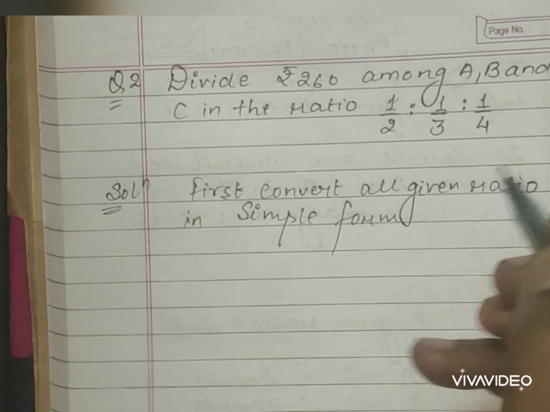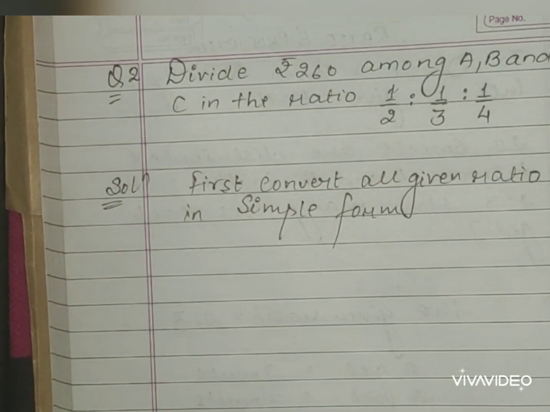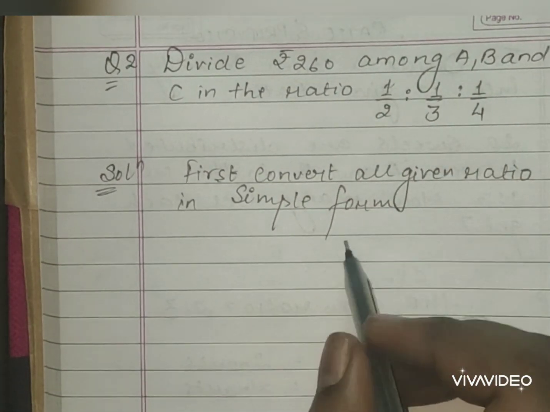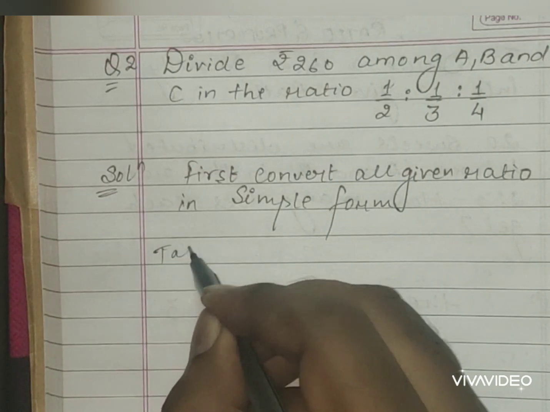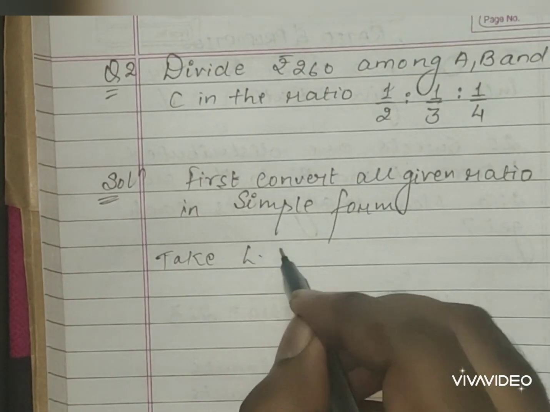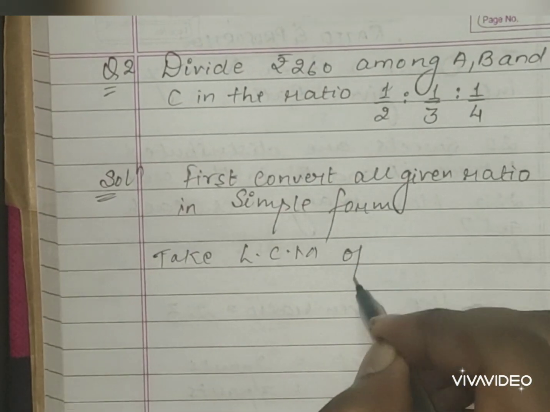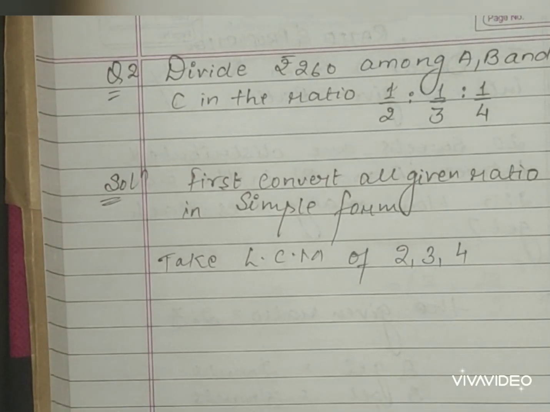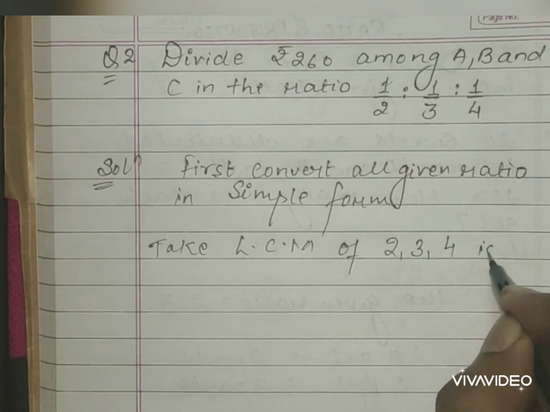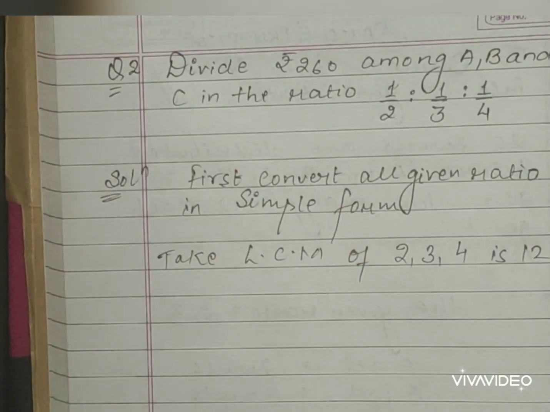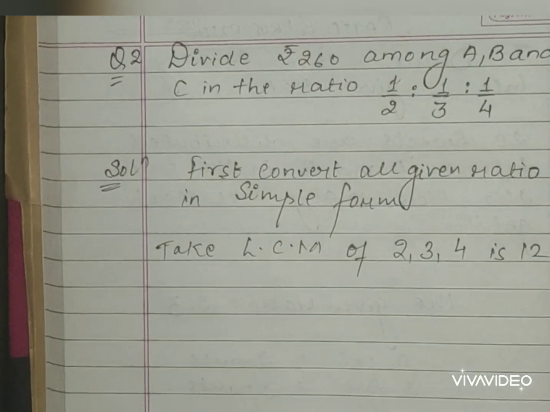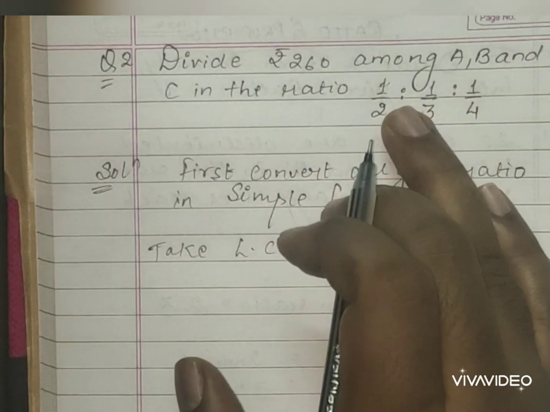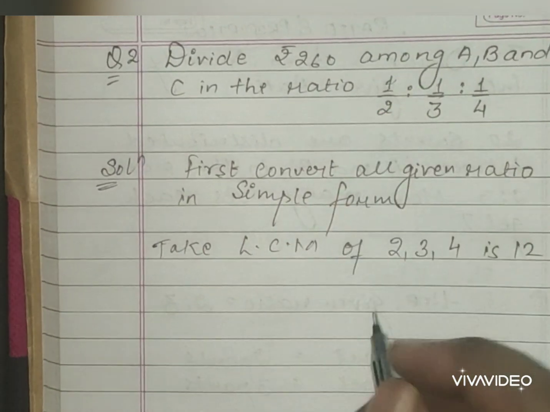Clear? And I have told you in the previous session how to convert this fraction ratio into a simple ratio. We will take LCM of 2, 3 and 4. Clear? So that is 12. I hope you are understanding it. Now take each term and multiply with 12.